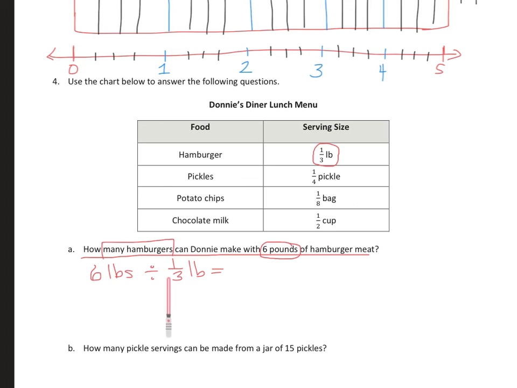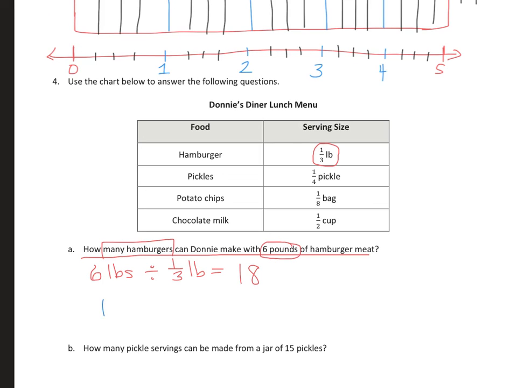It's not 6 divided by 3, but it's actually going to be 6 times 3. That's the little trick. That's the little hint. 6 times 3 would give us the answer of 18. So it looks like he can make 18 hamburgers, but I want to double check that this is correct.